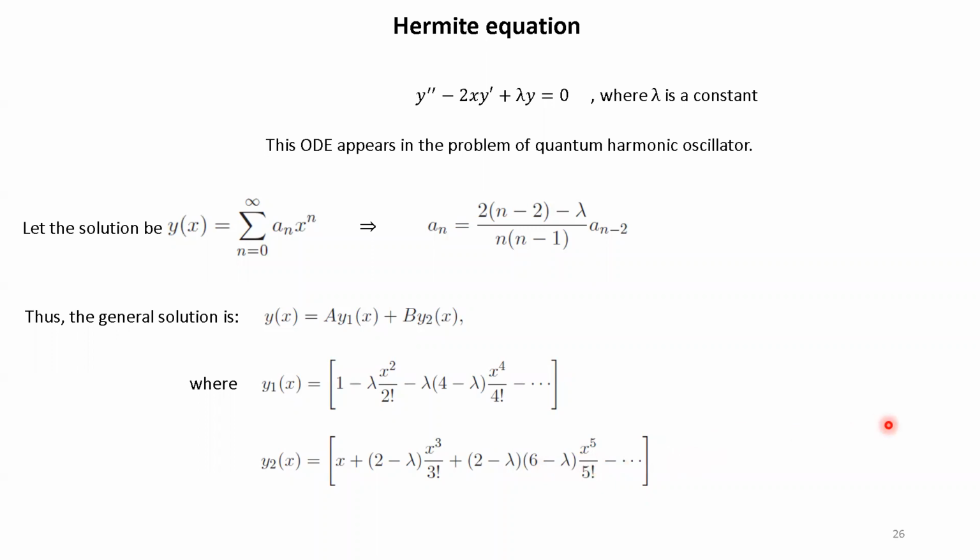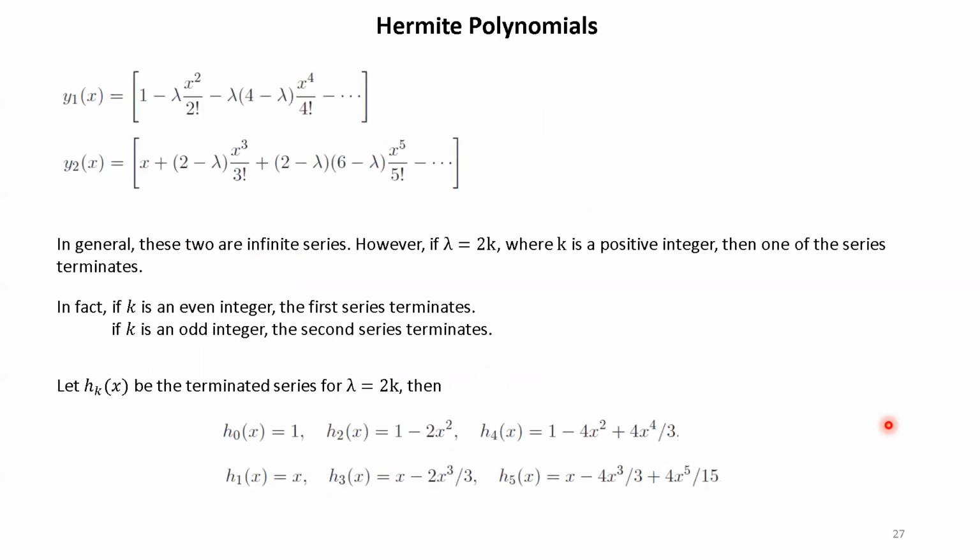So if you put lambda equal to an even integer, then you are able to truncate one of the series. For an even integer, I can always write lambda as 2k, and still I have two different cases: one is that k itself is an even integer, and the other is that k itself is an odd integer. But in both cases, of course, lambda is even.